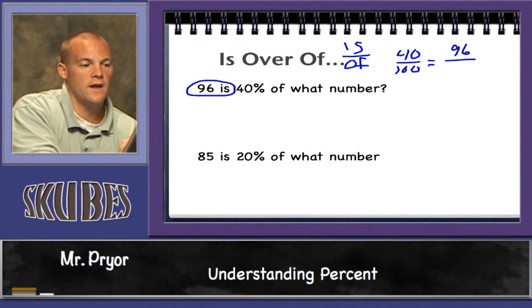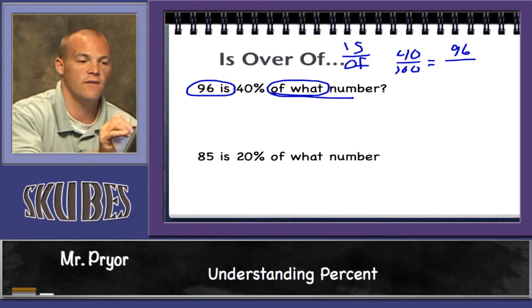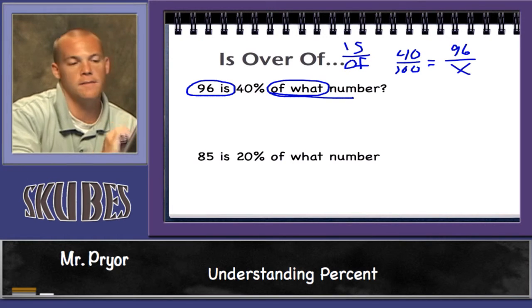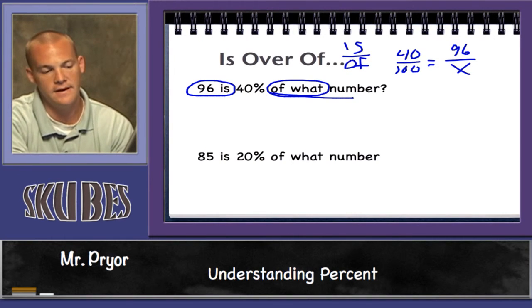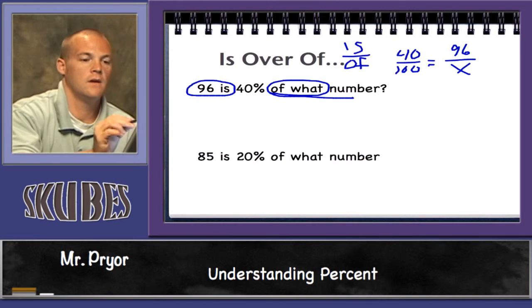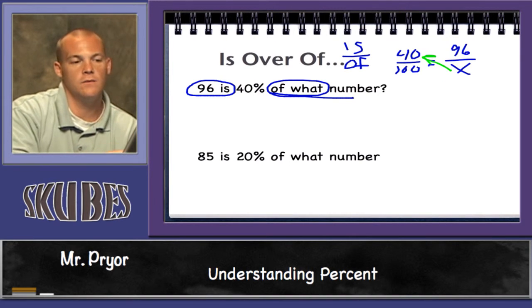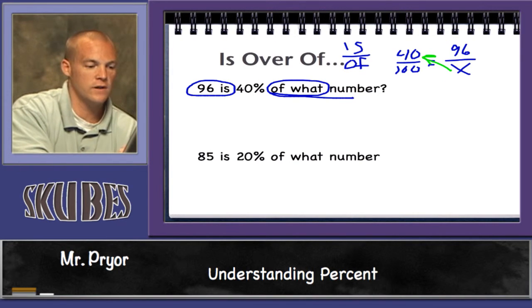And because what number is directly next to of, that means that our variable or unknown goes on the bottom. And then it's time to cross multiply again. So we're going to start by multiplying by our variable. X times 40 across the equal sign is going to give you 40x.